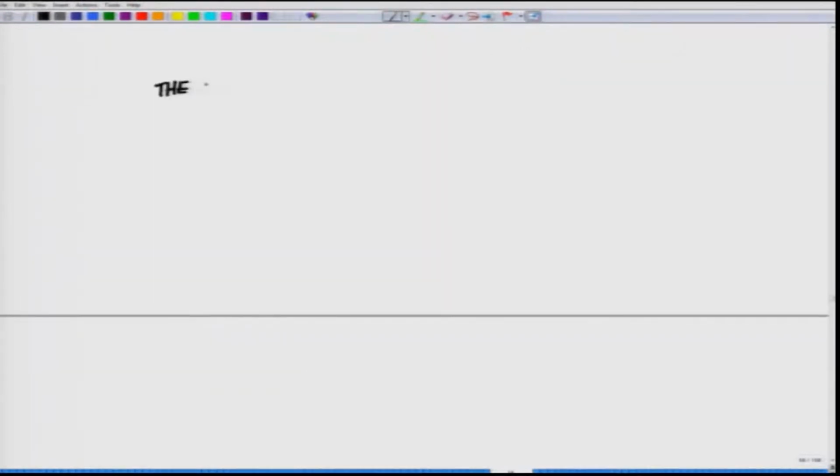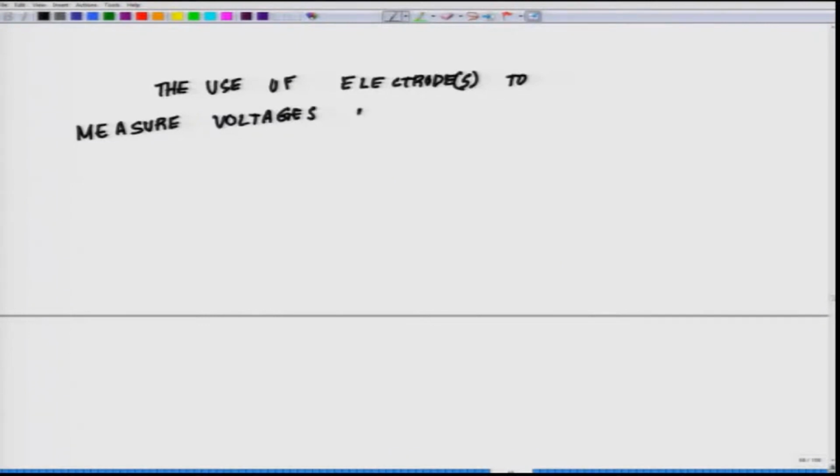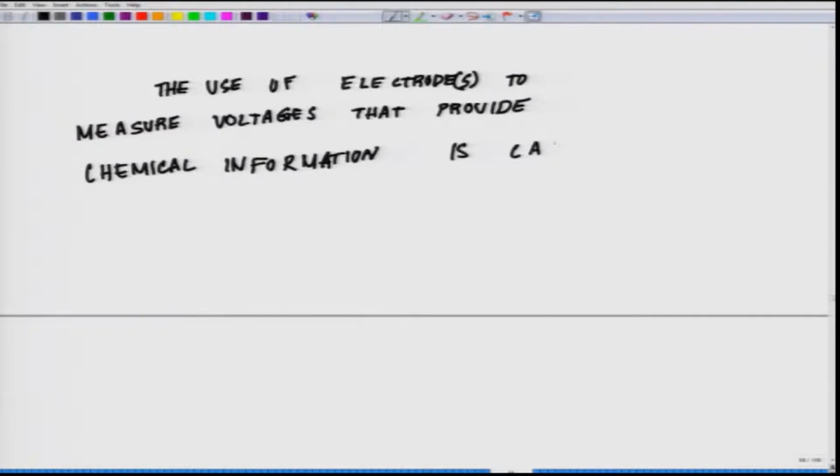The use of electrodes to measure voltages that provide chemical information is called potentiometry.